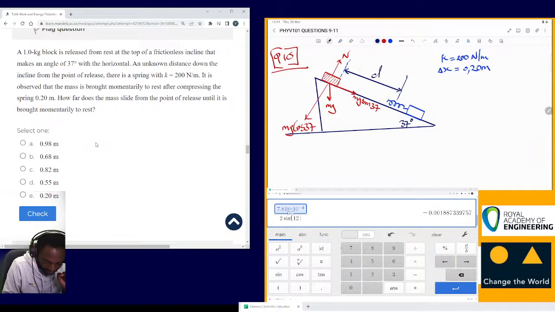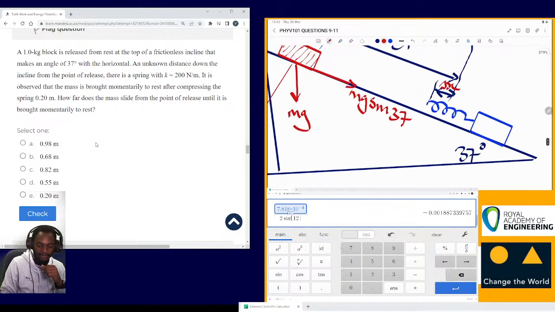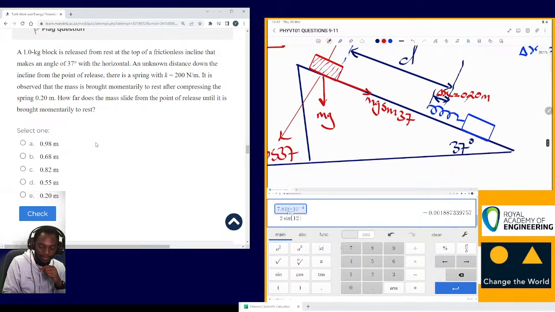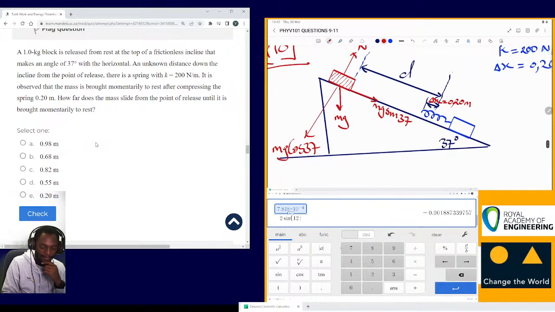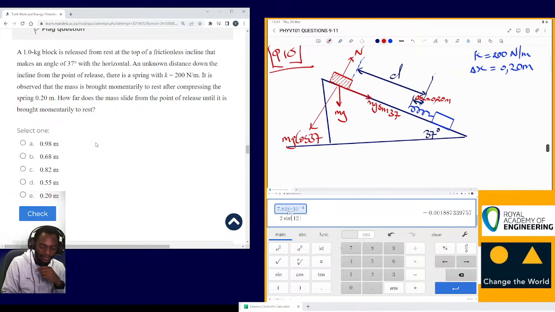This is our d, and this is our delta x, which is equal to 0.20 meters, because it's going to stop after compressing that spring by a distance of 0.2 meters.